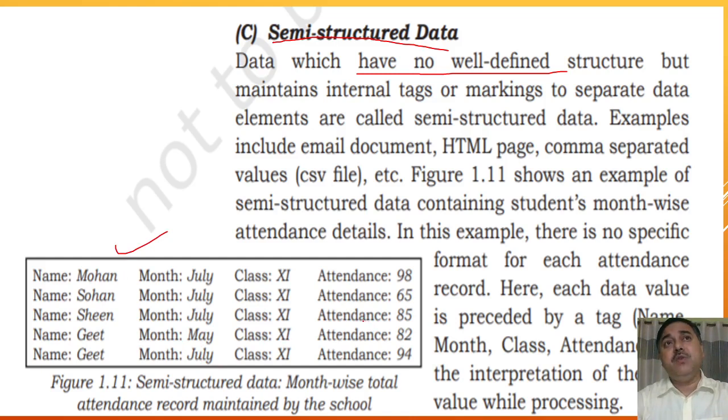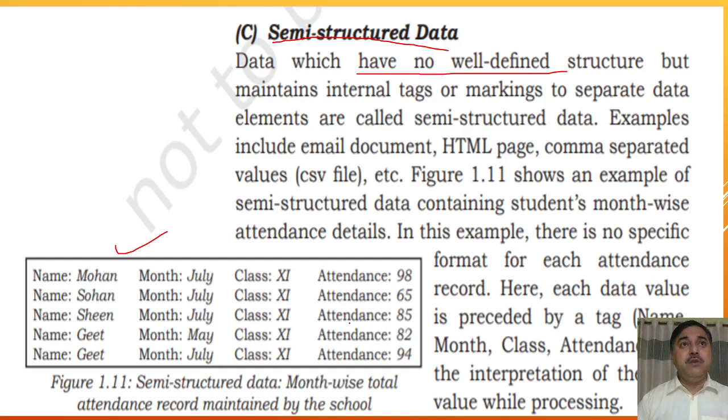So we see those things and work on them. When we have these, we make semi-structured data, like a CSV file. You will make the CSV file and work on it. Clear?